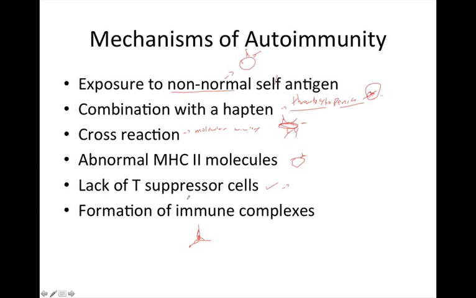For example, rheumatoid arthritis is a goofy one, because with rheumatoid arthritis, one of the things that happens is that people actually develop an antibody against an antibody. So basically people develop IgM against IgG.